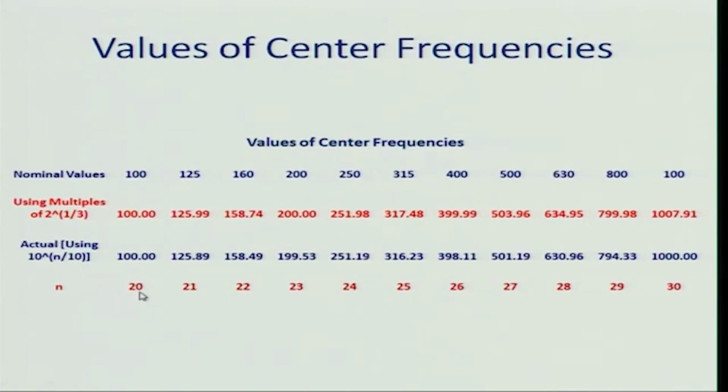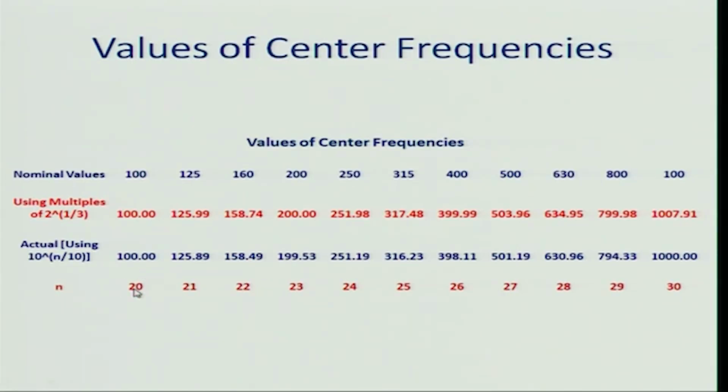Last thing, you look at these n's. N equals 20, 21, 22, 23, 24. These n's are called band numbers. Earlier, when I was discussing octave bands, I had mentioned that each band is associated with a number. So these are the band numbers.